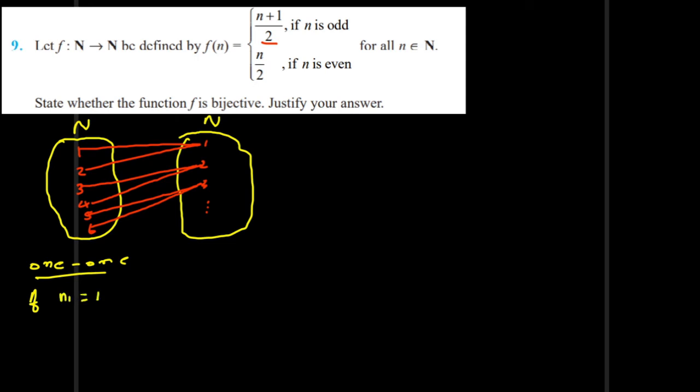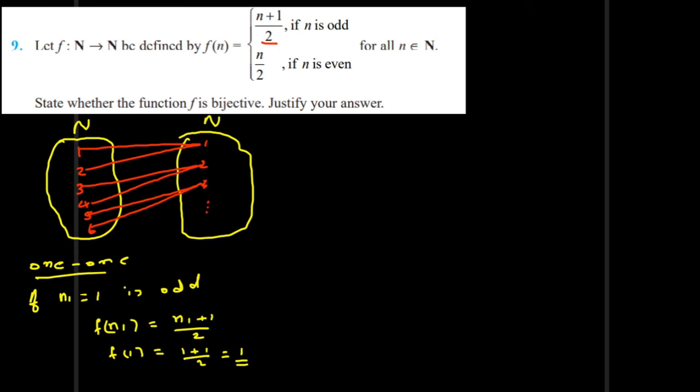Let n1 equal 1, which belongs to N. In this case, this is an odd number. What is f of n1? f of n1 equals n1 plus 1 by 2. That is, f of 1 equals 1 plus 1 by 2 equal to 1.